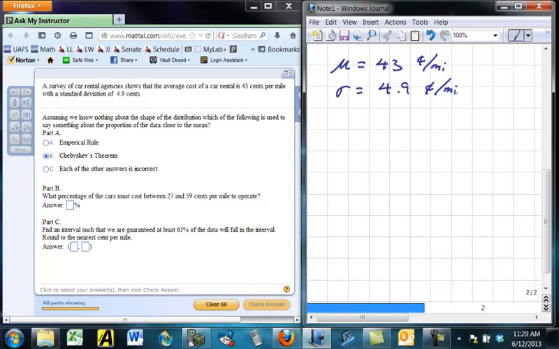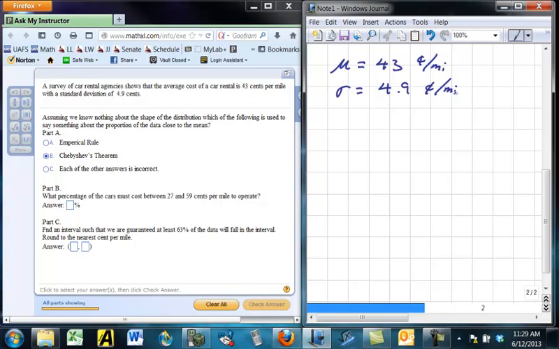Assuming we know nothing about the shape of the distribution, which rule is used to say something about the proportion of data close to the mean? The answer is Chebychev's theorem. The empirical rule can only be used when the data is from a normal distribution, or at least approximately.